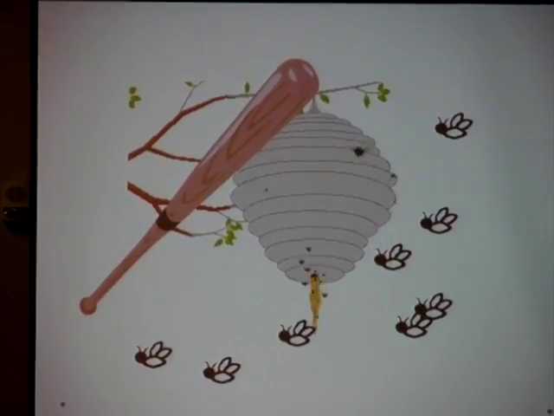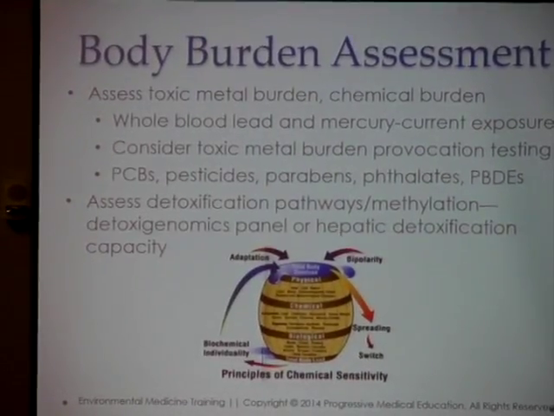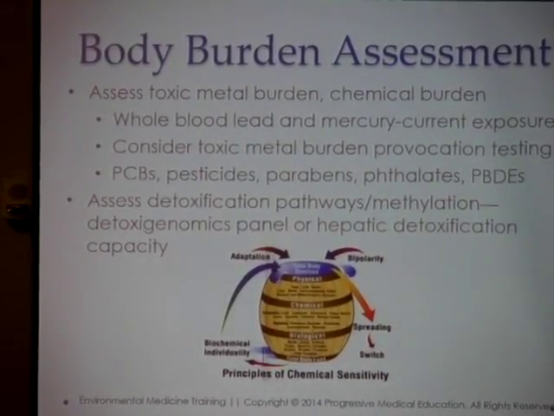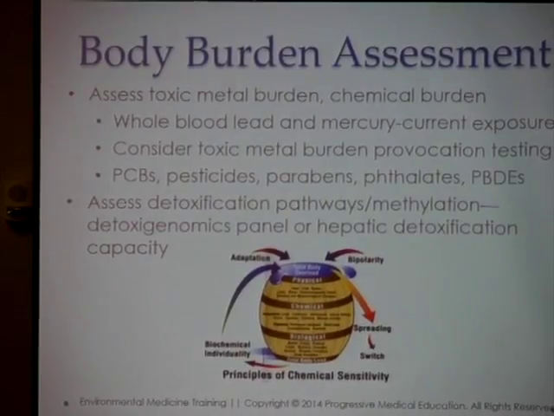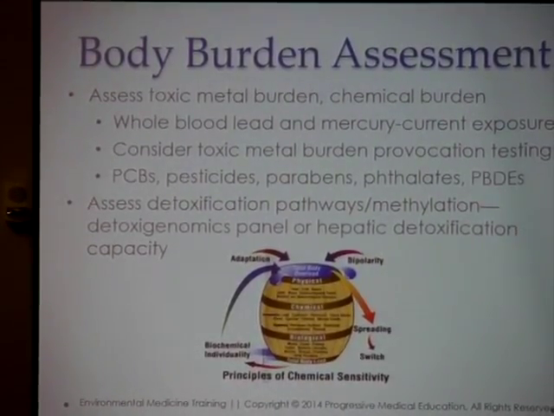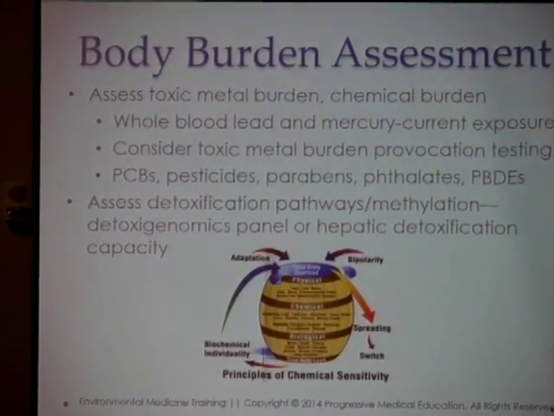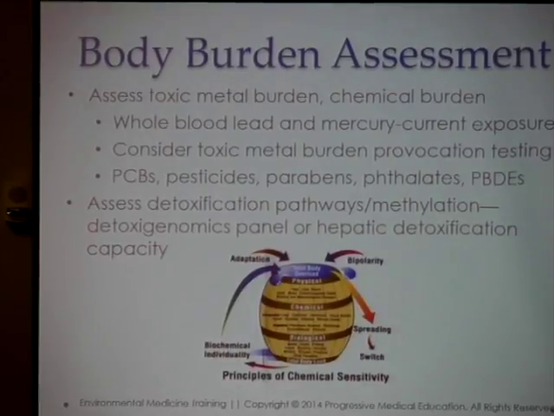So I use this analogy when I talk about toxic metals and how do we mobilize and assess for body burden. The rest of the day, like I mentioned, we'll get into greater detail about how to assess for toxic body burden, how do we assess for detox pathways and our methylation pathways, and how to really utilize that.